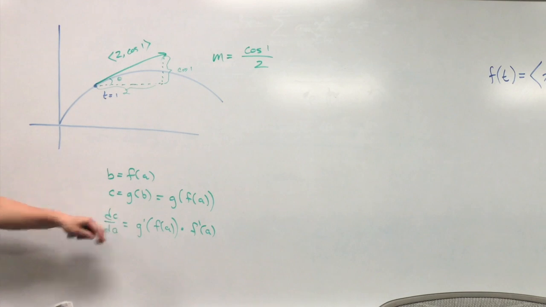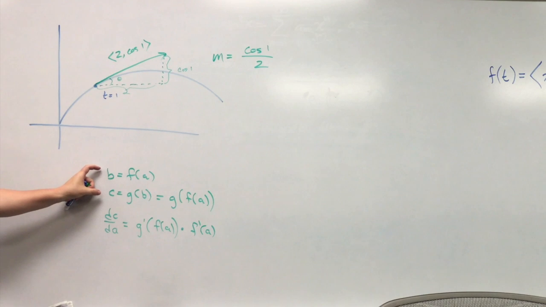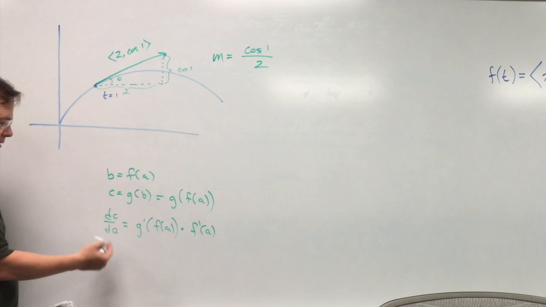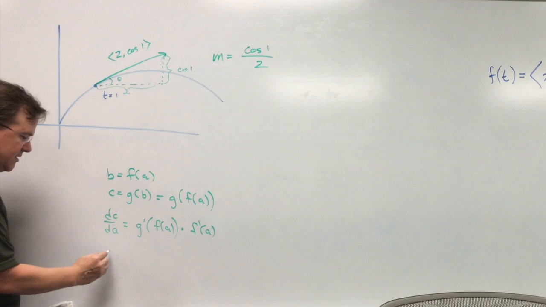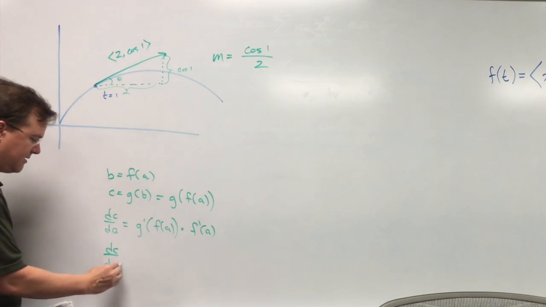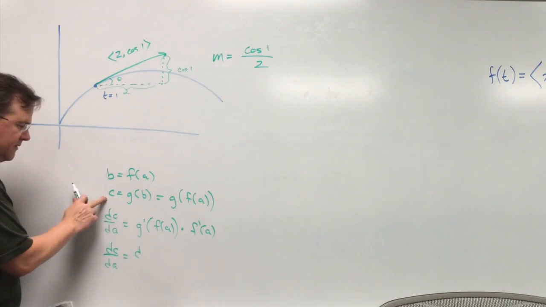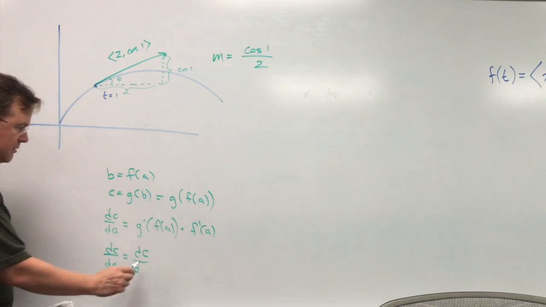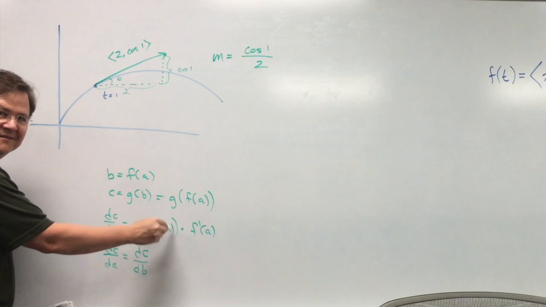But Leibniz notation is actually much more enlightening. I wanted to write it this way so I can invoke Leibniz notation, another way of saying the same thing, because notice f of a is b. So dc/da is the derivative of c with respect to b, because this is b.